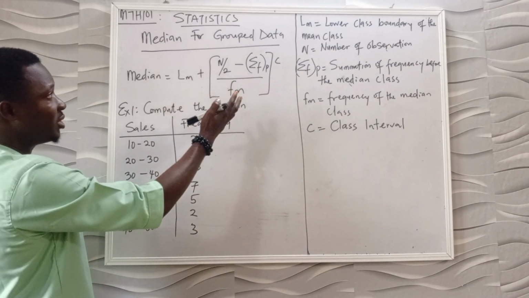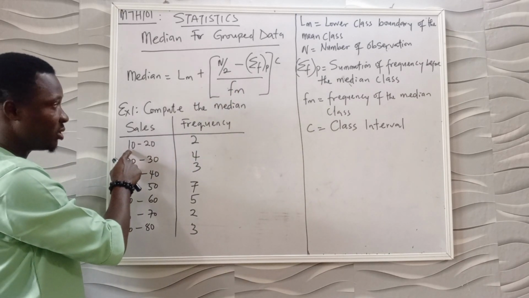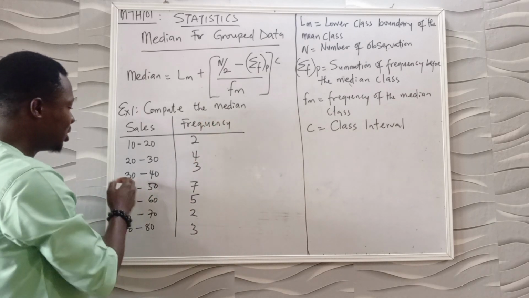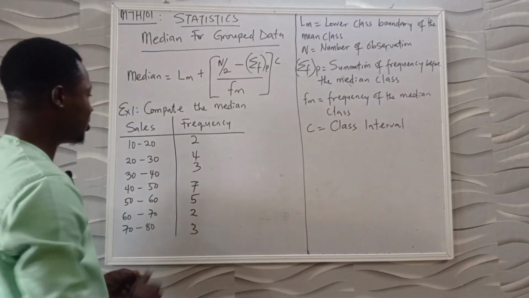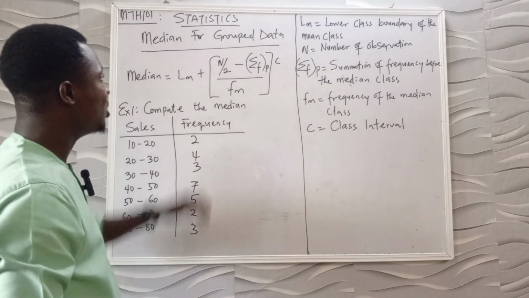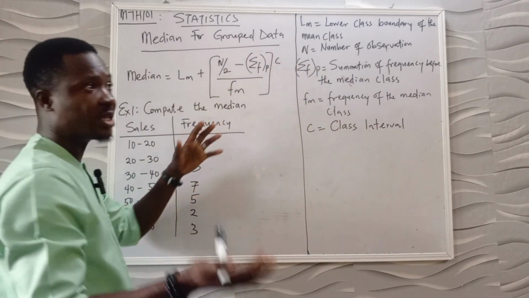So whenever you have a question like this, L subscript M is the lower class boundary. Wherever your median class falls, the one on this side will be your lower class boundary, and the one on this side is usually the upper class boundary. So what is N? N is the number of observations.